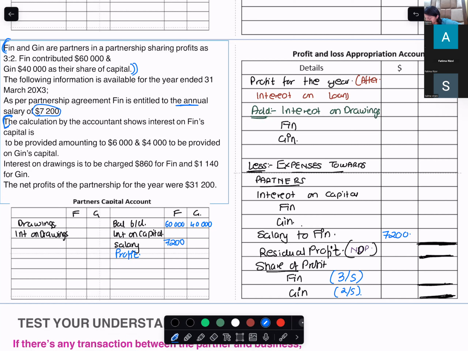Read ahead. The calculation by the accountant shows interest on Finn's capital is to be provided amounting to 6,000 and 4,000 to be provided on Gin's capital. So should I put interest on capital 6,000 and 4,000? Yes, and where else? And on the profit loss appropriation.